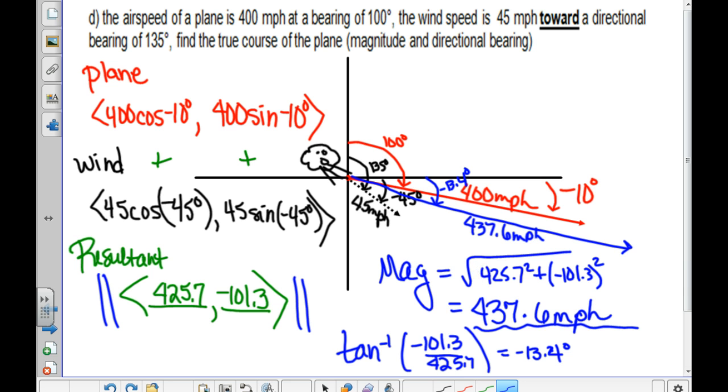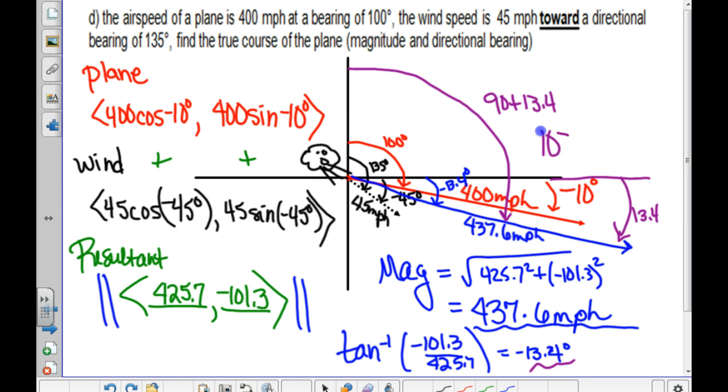Should be 103.4 because our directional bearing has to go from here plus another 13.4 degrees, right? So the whole bearing was 90 plus 13.4, 103.4 degrees off north.